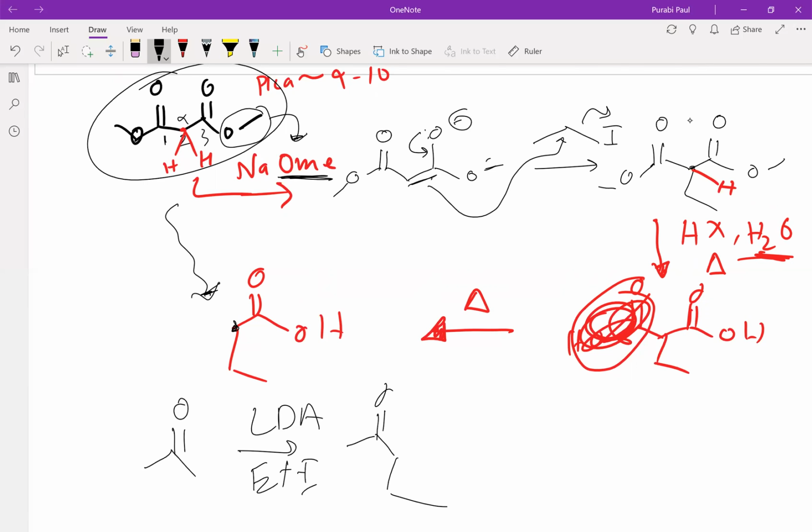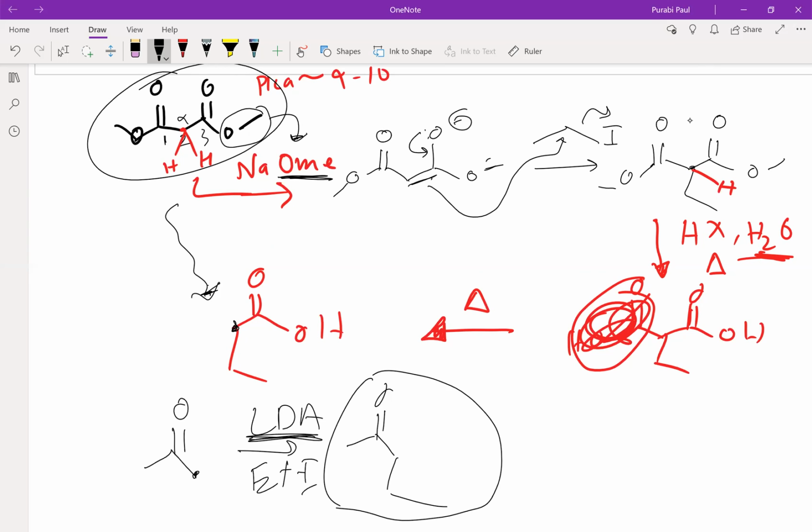If you noticed here, you need LDA because it's a single carbonyl compound. It's not as acidic as the dicarbonyls. Because it's not as acidic, you need to use a stronger base to perform alkylation. So the top method is an alternative method where you're technically doing the same chemistry, but you're using a weaker base.